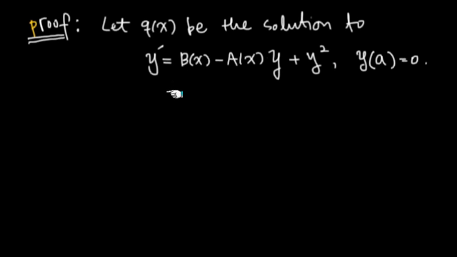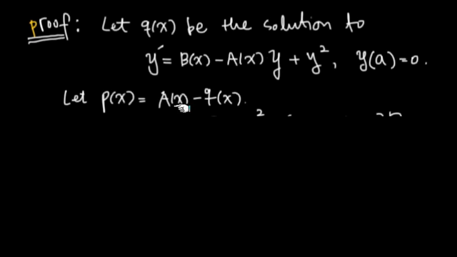When you prove something, specific is better than just saying any choice. So I will make the specific choice, y(a) being 0, and that will be one and only one function that satisfies this initial condition. That's our q(x). And this condition is not important at all. And p(x) is a(x) minus q(x).